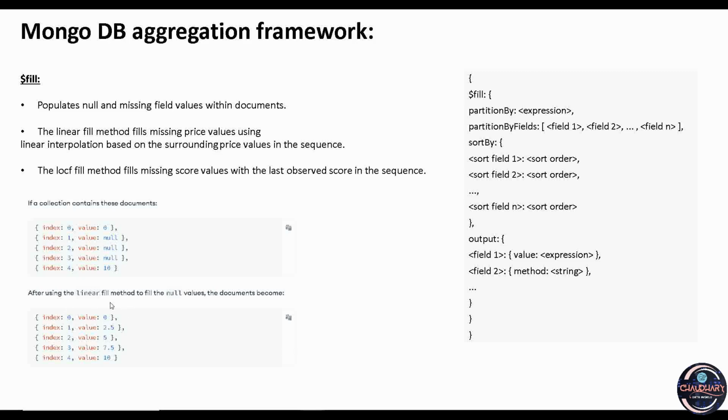How it will be filled up is another story. We have multiple methods, or rather two methods, with which we fill out these null values: one is linear fill, and the other is locf. We'll see how the linear and locf methods are used, and where and how to use them.